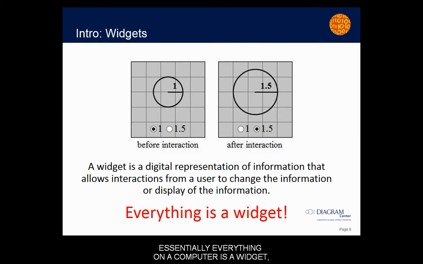Essentially, everything on a computer is a widget. But an example of a widget is a circle that is connected to radio buttons that allow you to change the radius of the circle. And when you choose another radio button, the circle radius changes in real time, and you can see the effects of your interaction.